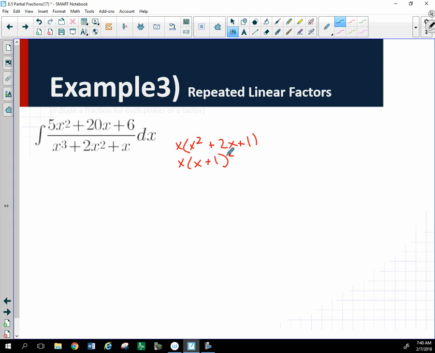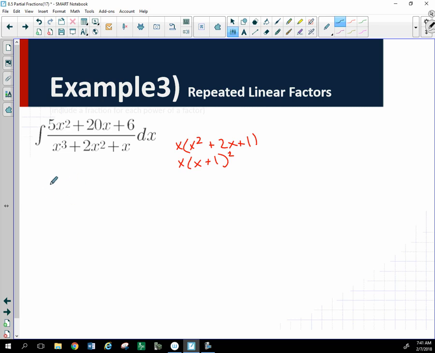Now when I get a repeated factor, the setup is a little bit different, but I still do kind of the same thing. The top here is what we're going to set it equal to, which is very complicated. In this case, I knew that I had to do something like this because the top wasn't bigger than the bottom, and so I have to factor, and we'll work our way around this as we go.